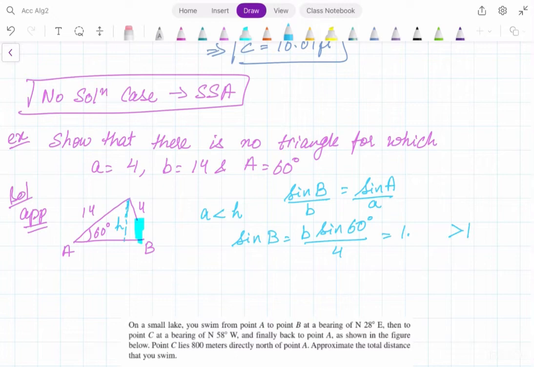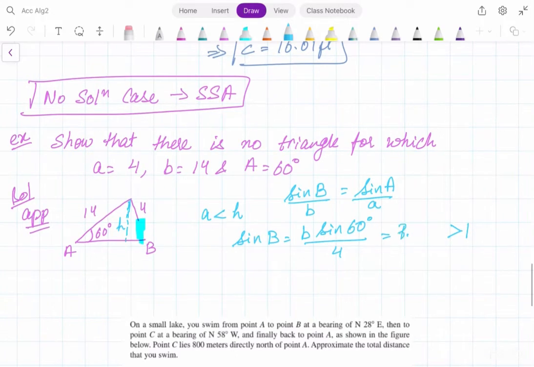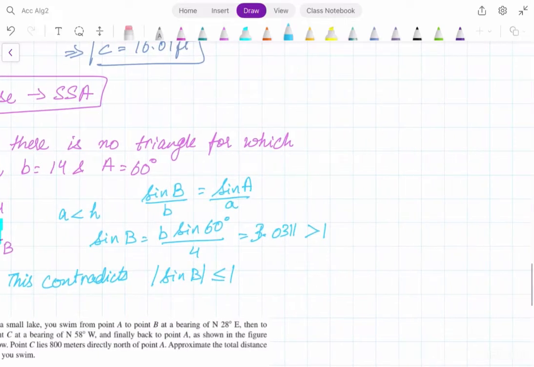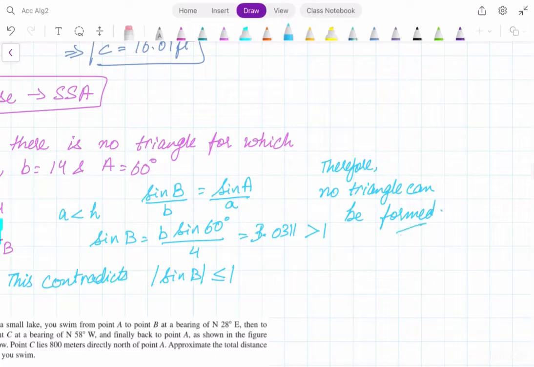If you put this in the calculator, you will get 3.0311, which is greater than 1. And that contradicts the condition of sine. Sine B should be less than or equal to 1. Remember, the range of sine is -1 to 1. So therefore, we can conclude that no triangle can be formed using these dimensions.